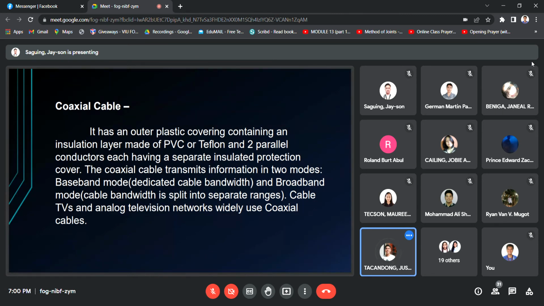The difference is that baseband mode transmits a single signal stream channel at a time, while broadband transmits multiple data signal streams channels simultaneously at the same time.